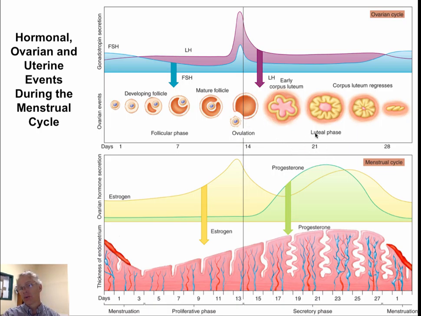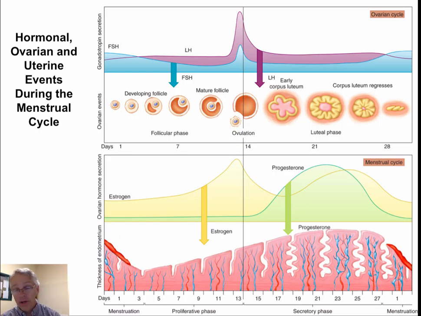So at about day 21 of this cycle, when the lining of the uterus is at its maximum thickness and vascularization, that's when a potential embryo might reach the uterus and might be looking for a place to implant and to start taking nourishment from the mother.